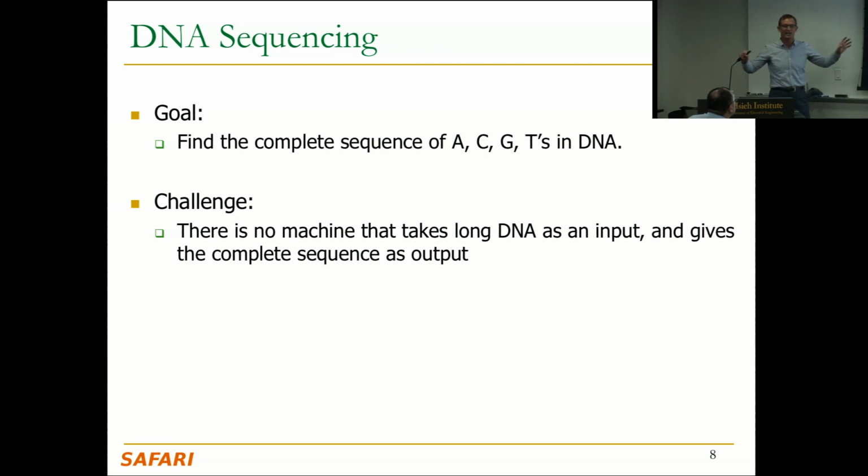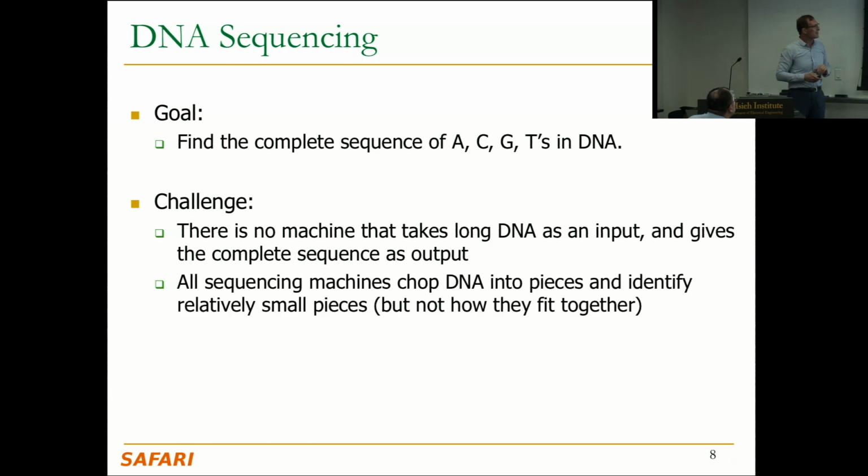A long DNA consists of about 3.2 billion base pairs, and you cannot get 3.2 billion base pairs with any technology today. All sequencing machines are essentially choppers. They chop the DNA into small pieces with different granularities, we'll see that, and identify those relatively small pieces with some level of accuracy, different levels of errors, but they do not tell you how those pieces fit together.